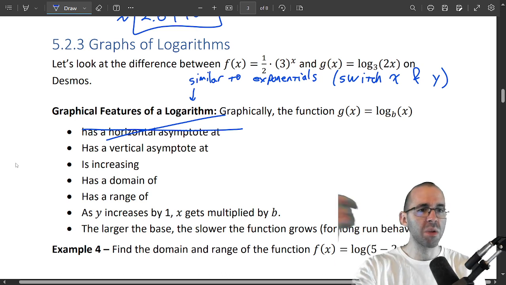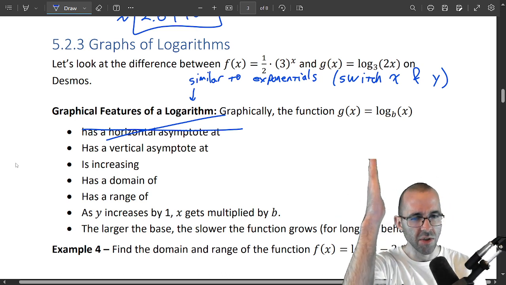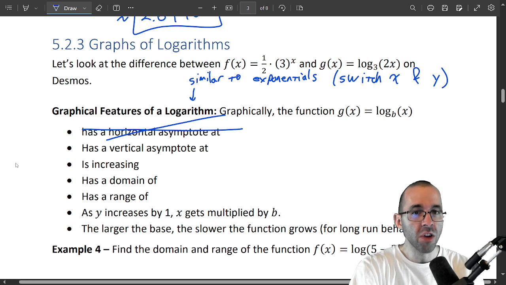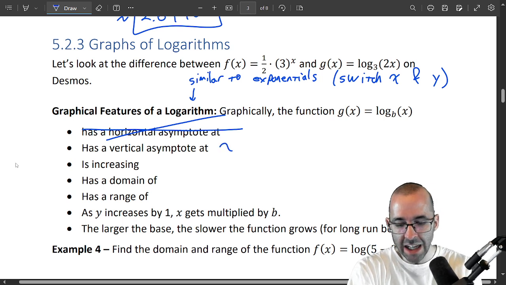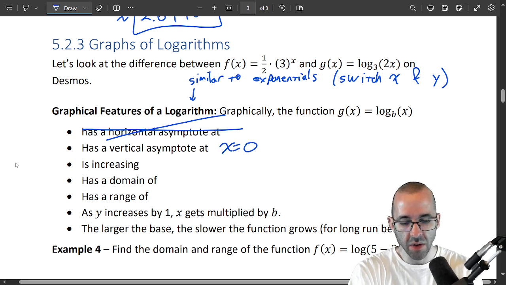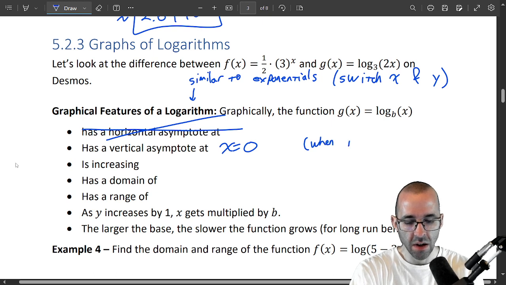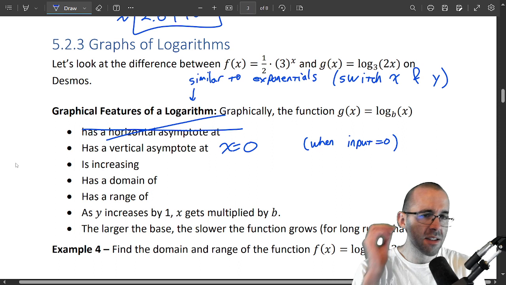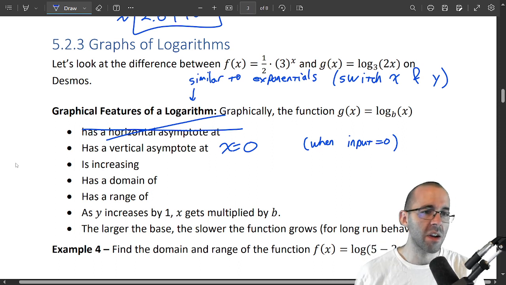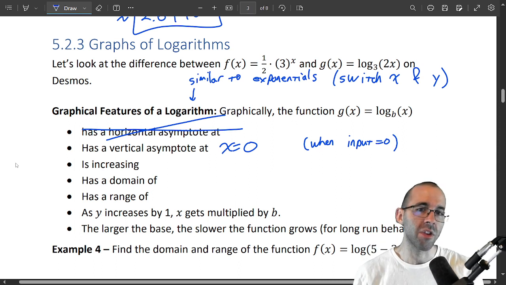But if we're switching the inputs and the outputs, what's horizontal becomes vertical. There's going to be a vertical asymptote when the input equals 0. I'm going to write this in parentheses too, because if our input's messier, the vertical asymptote will be messier.